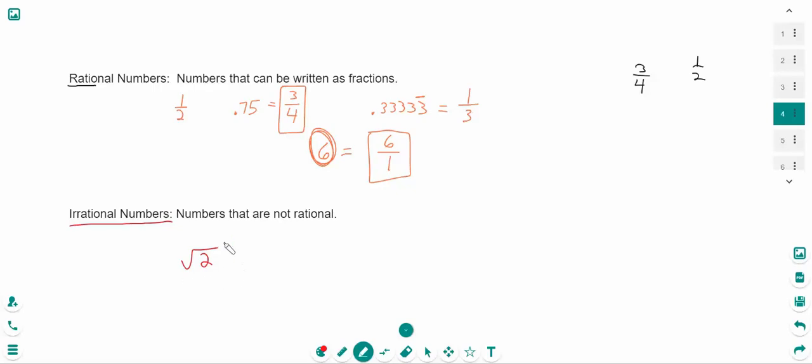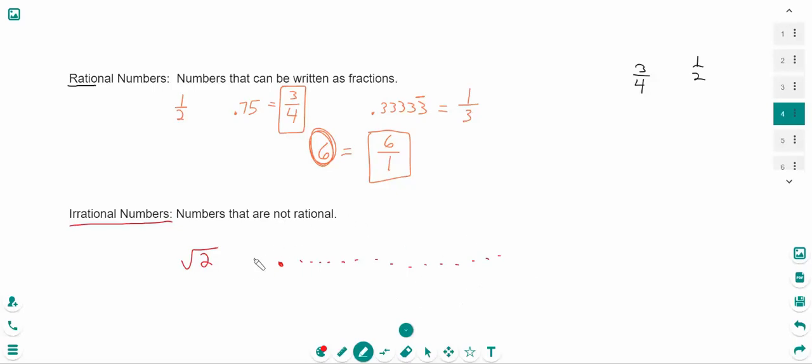If I were to change this into a decimal, actually solve for the square root, I would end up with numbers that would go on for infinity without repetition. So these would just keep going forever and ever without repetition. And if you have that, then you know you have an irrational number.